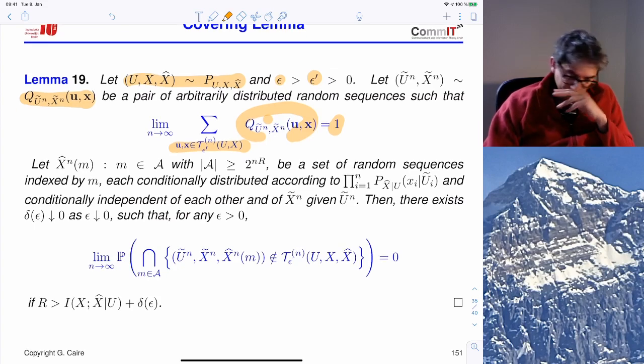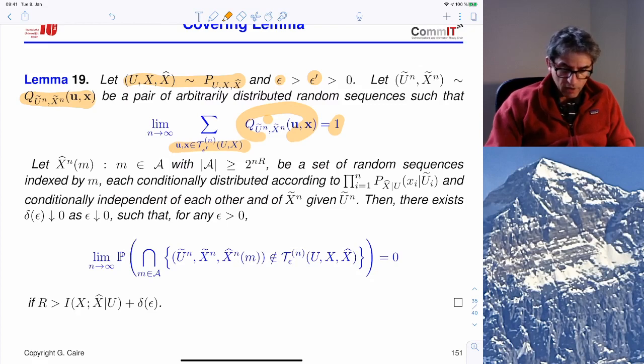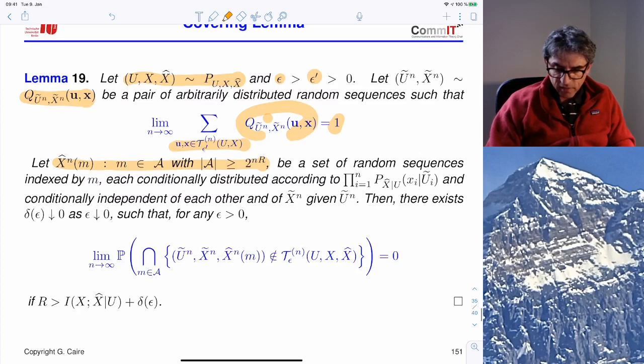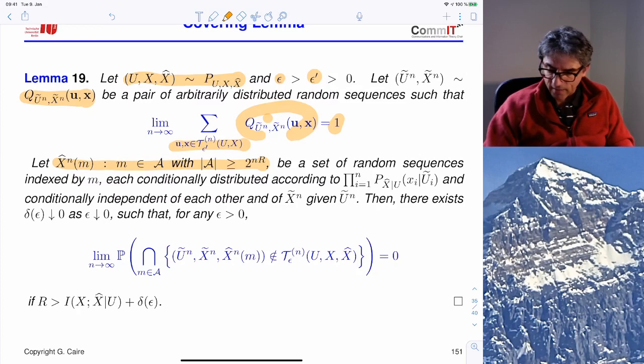Now, I generate a collection of random sequences x hat m as before, where 2 to the nr is a lower bound to the index set, so at least 2 to the nr. And how do I generate these random sequences? As before, these random sequences x hat are generated according to the conditional distribution of x hat given u.